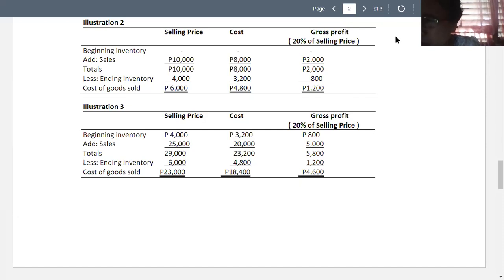Okay? So we are now given the assumed consolidated income of both companies.